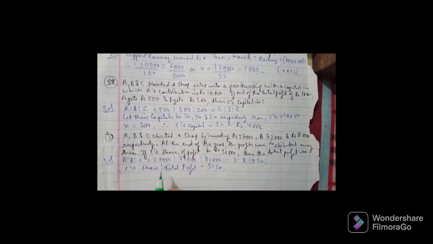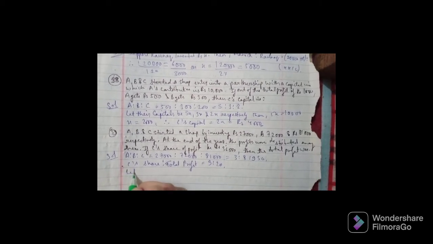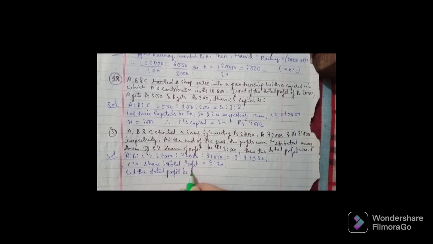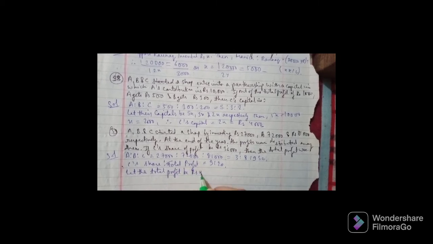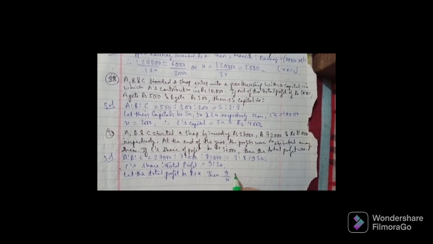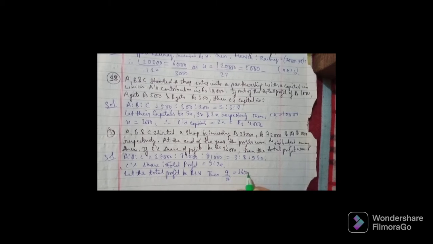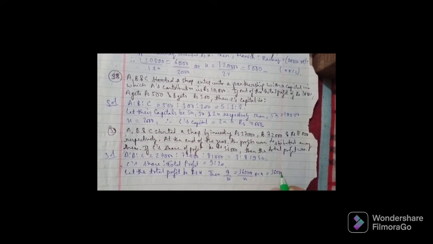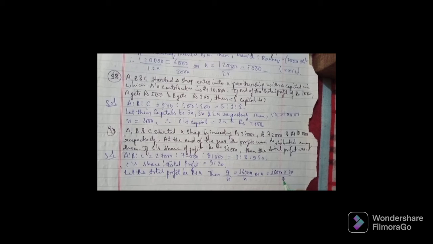Let the total profit be rupees X. Then 9/20 equals 36,000 upon X, or X equals 36,000 into 20 upon 9, which equals 80,000.